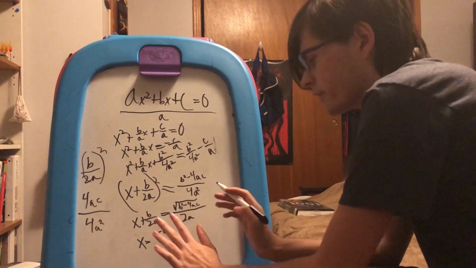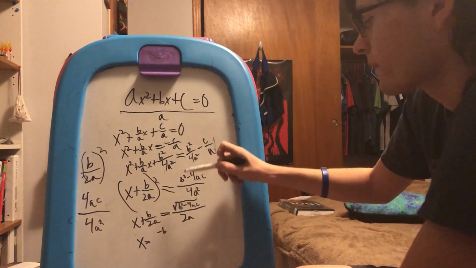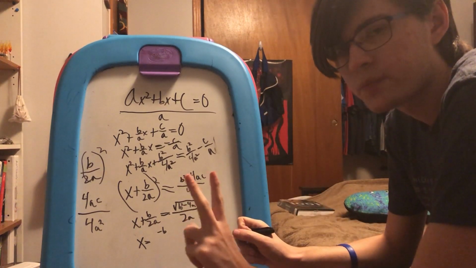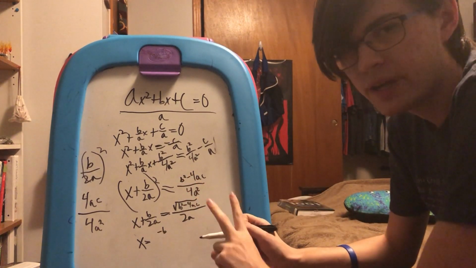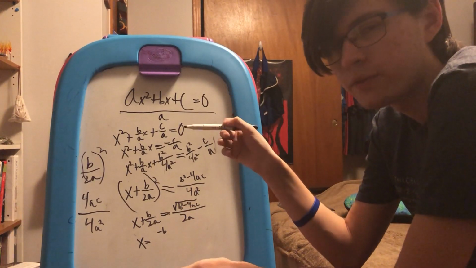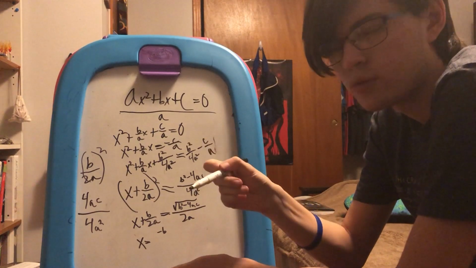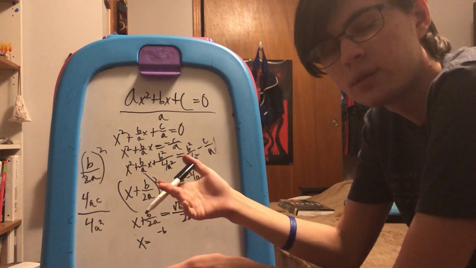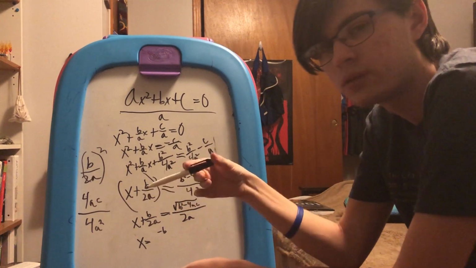Oh, one other thing actually before we do that. The square root can have two solutions. It can be positive or negative. Think about the square root of 4. That's 2, because 2 times 2 equals 4. But it's also negative 2, because negative 2 times negative 2 equals 4.